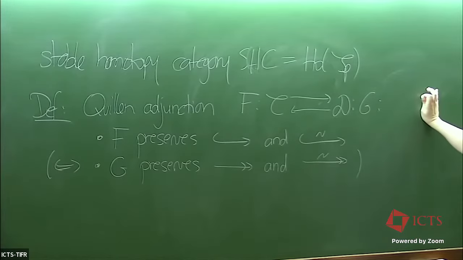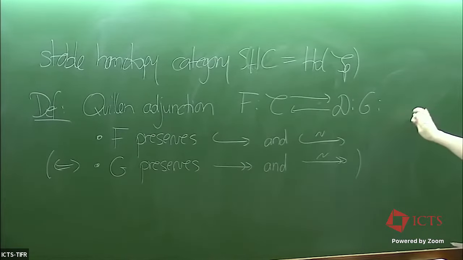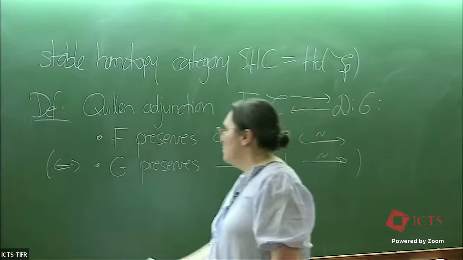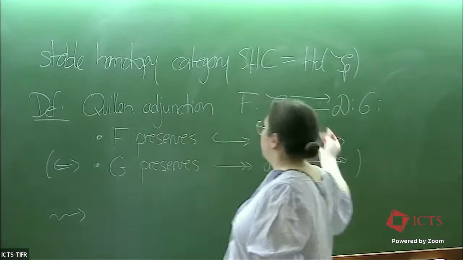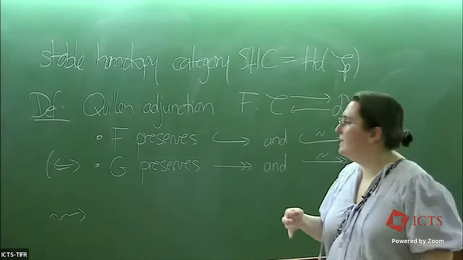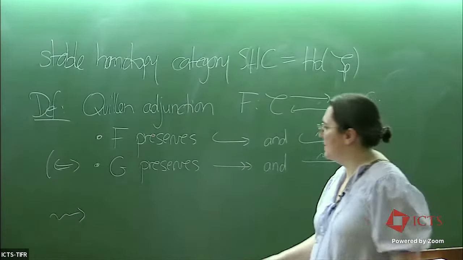Who says that it's correct? Well, that is precisely what you need in order for those functors to give you a well-defined adjunction on the level of homotopy categories.